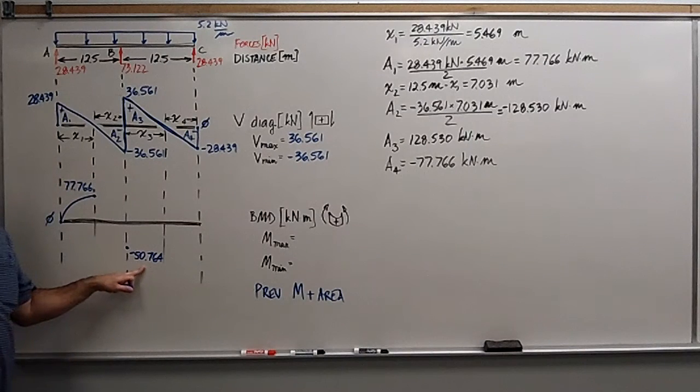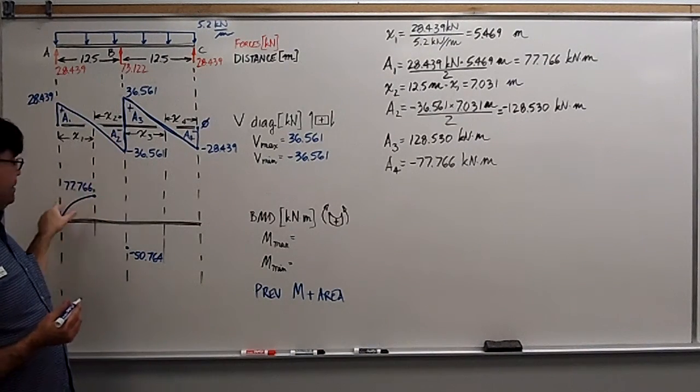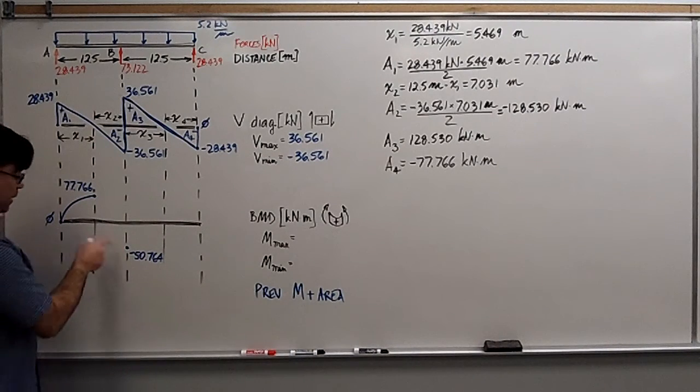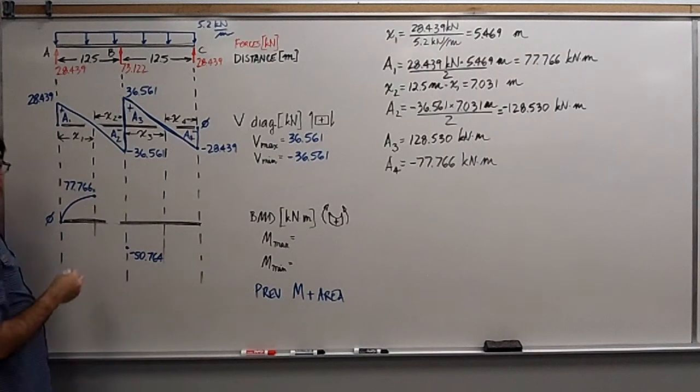Now, how did I get the negative? When I add a negative area, right, this brings it down. How do I connect the two? If the shear is going down in a straight line, it means it's a frown.